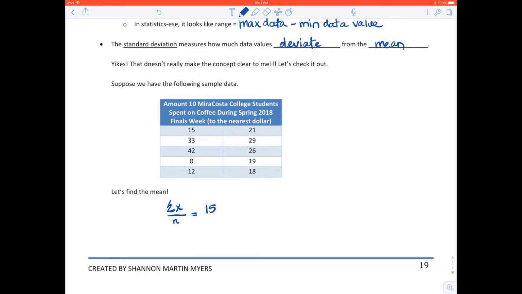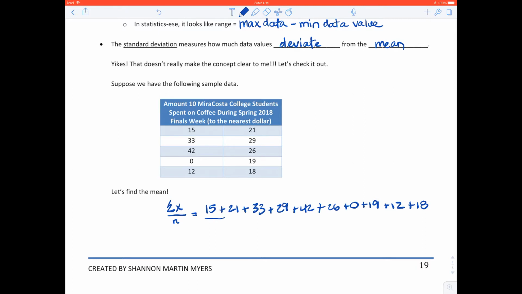We'll be low tech. So I'm just going to say 15 plus 21 plus 33. Now notice I could have done all these values in order, but once I get to that last value, it's predetermined.